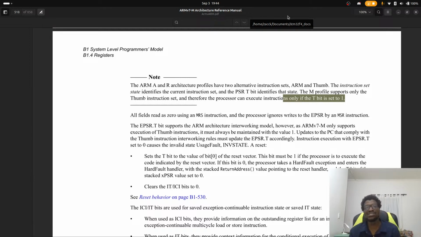So, what did we just learn? We have an EPSR register. If the EPSR T bit is set to 0, this causes a usage fault by causing an invalid state.